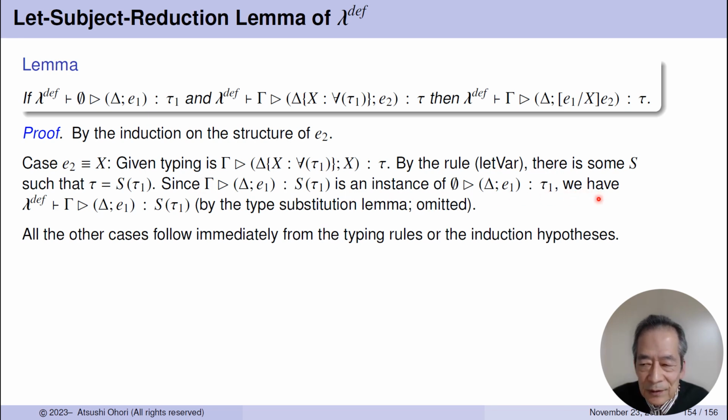So this instance is also derivable because this is derivable. This is a simple mechanical type substitution lemma that usually holds in any type system, and here we omitted its details. So now from this lemma we completed the other direction of equivalence and completed everything.